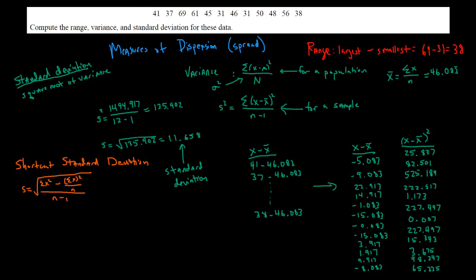Let me actually make this go down so we don't have any confusion here. That square root goes over the entire thing, numerator and denominator. This, I think, will allow us to find the standard deviation a little bit faster. Not a ton faster, but a little bit faster. Now this is for a sample.